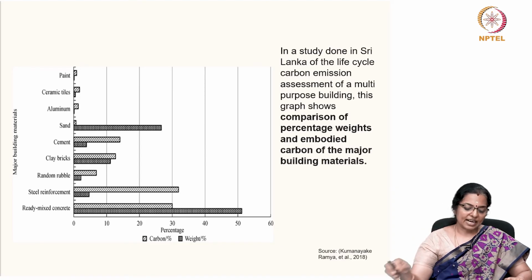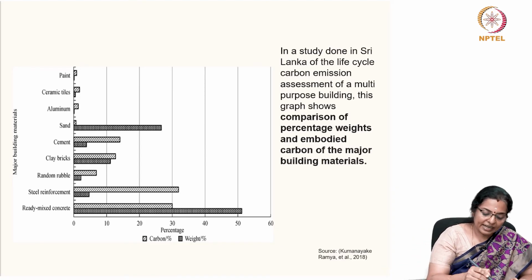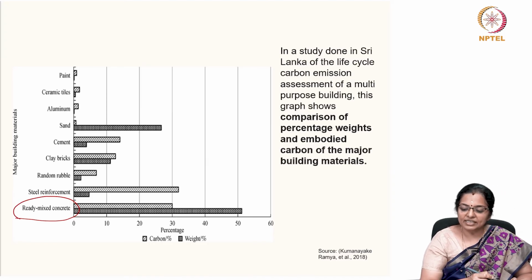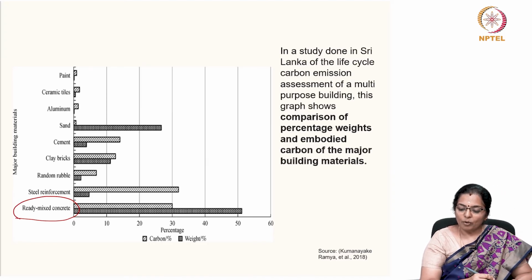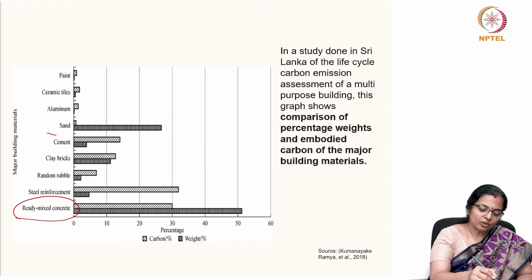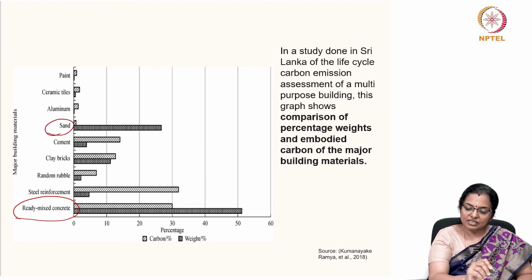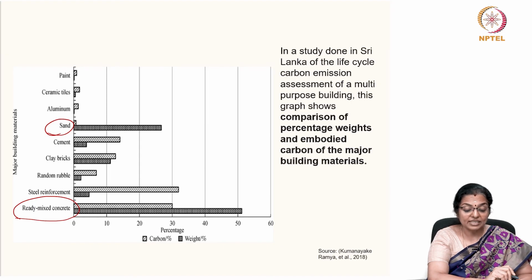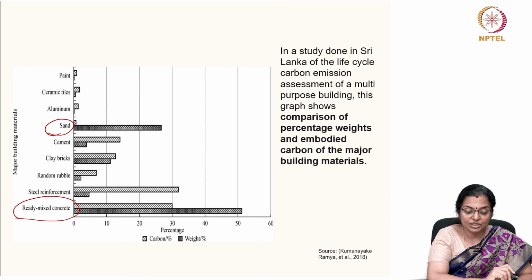And you can see that ready mix concrete has the highest percentage of embodied carbon as well as weight of the material used. For sand, the embodied carbon is very low, but the consumption is very high.